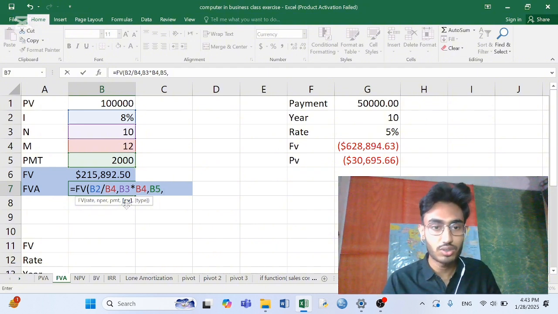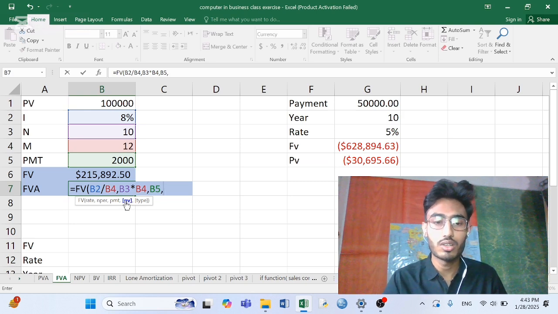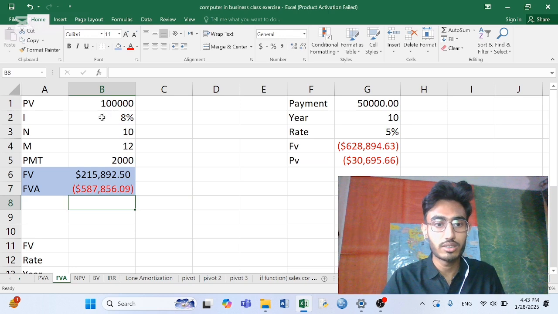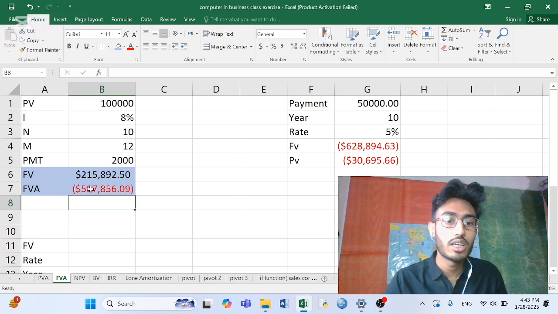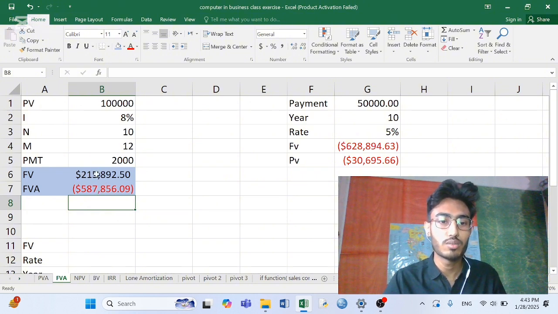But what if we don't use the minus figure? Actually the minus and plus here indicate the inflow and outflow of cash. So if we don't use minus figure here and just select that and press enter, the figure that we find is in red color. It means that it's outflow, and when we are using minus figure, it's in black, indicating the cash inflow. So that was the stuff for future value and future value annuity.